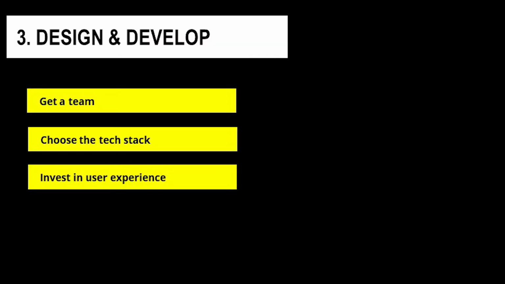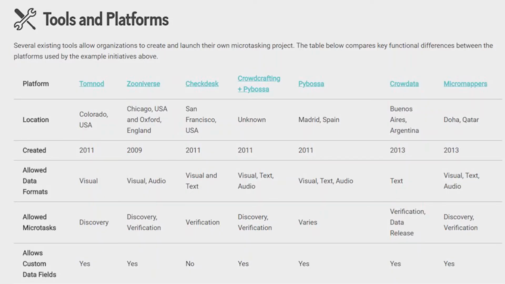We've worked with The Engine Room and put together a sort of library document about microtasking, so this is a screenshot from there. These are all the platforms that are available and you can use for microtasking. Zooniverse is a really great project for microtasking or crowdsourcing in the scientific field. You can set up a project on their platform.